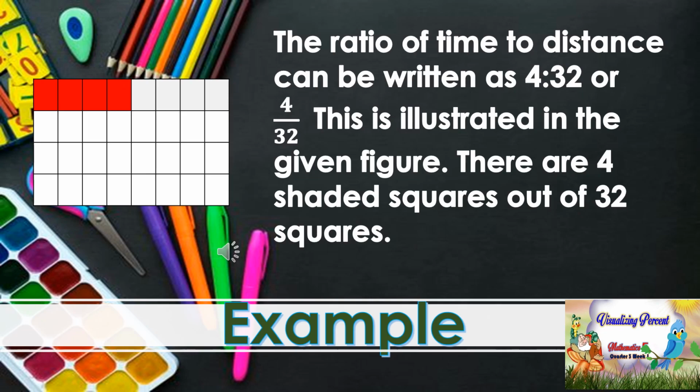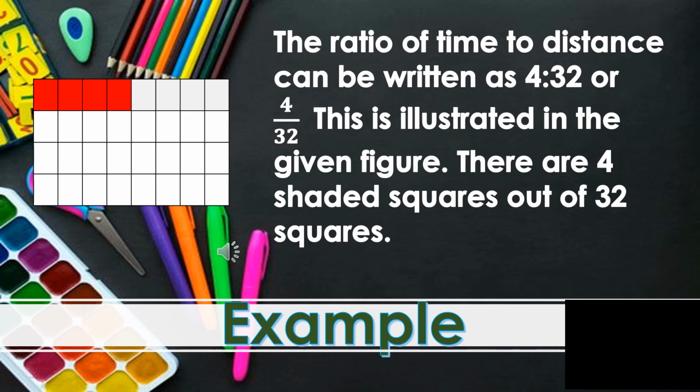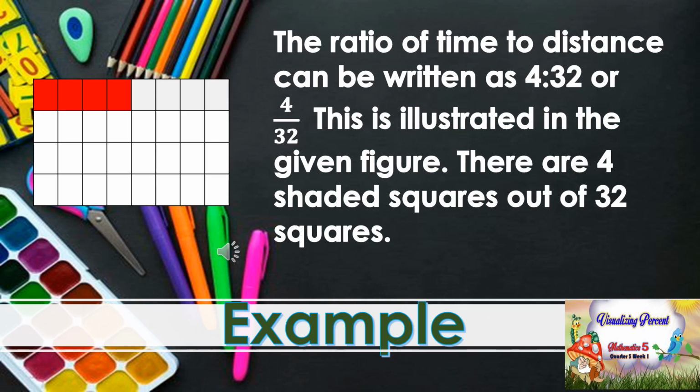This is how it is illustrated in this given figure. As you can see, there are 4 shaded squares which are colored red, out of the total number of squares, which is 32.